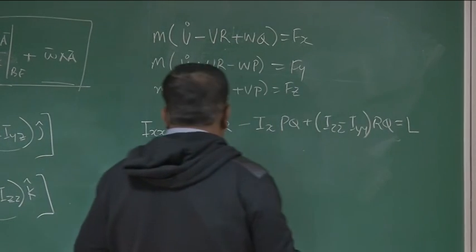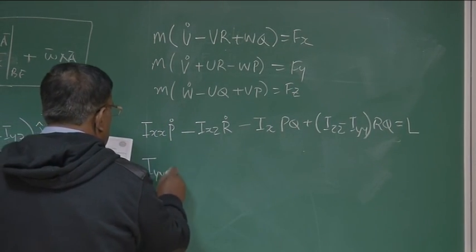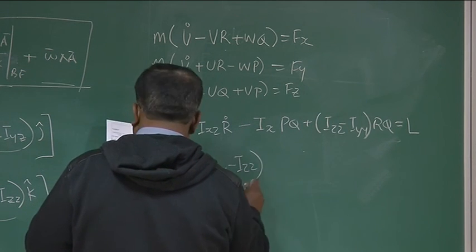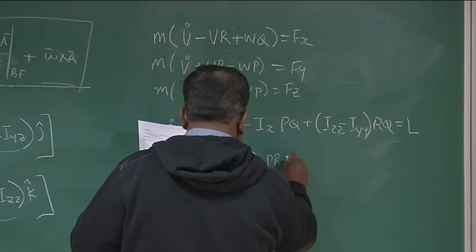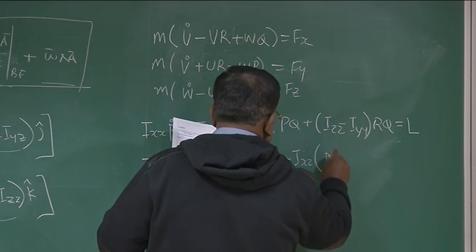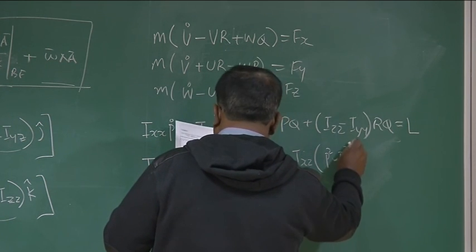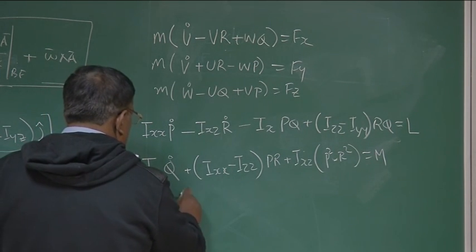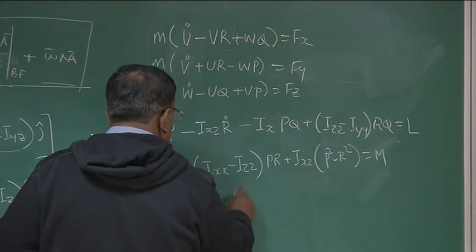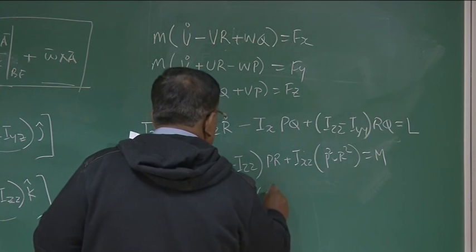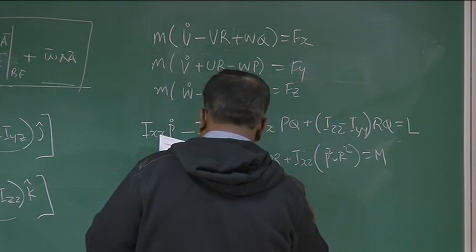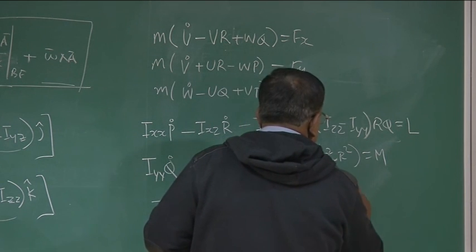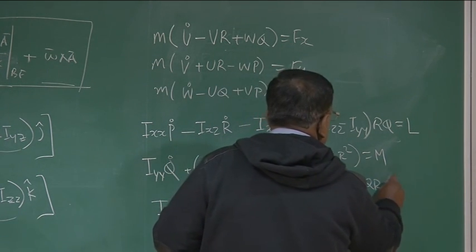This is L, which is the rolling moment, and then you will get iyy q dot, let me write, because there is every possibility of writing it wrong, minus izz minus ixx p r plus ixz p square minus r square, equal to M, which is the pitching moment, and the third one is izz r dot minus ixz p dot plus iyy minus ixx p q plus ixz q r equal to the yawing moment.